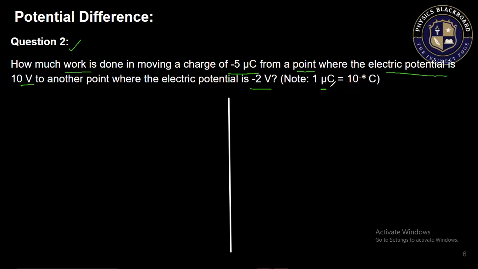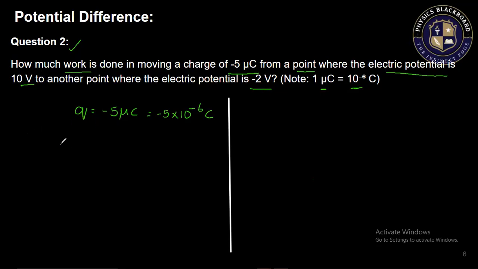Here we know micro, what is the value of micro? 10 power -6. So here they gave a charge. Let's say the charge Q is taken as -5 microcoulombs, that is -5 into 10 power -6 coulombs.